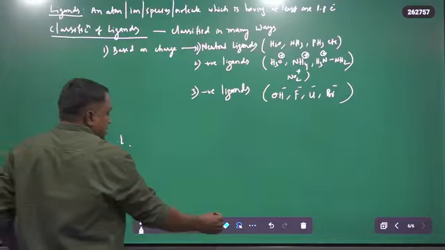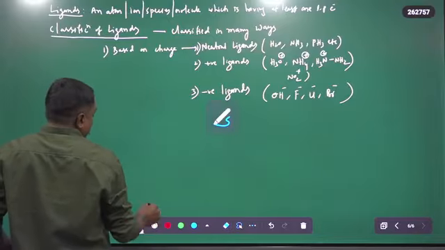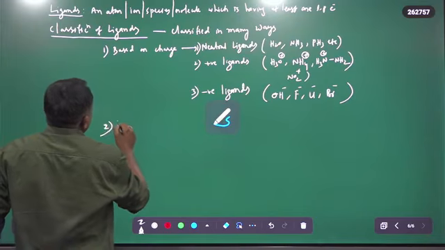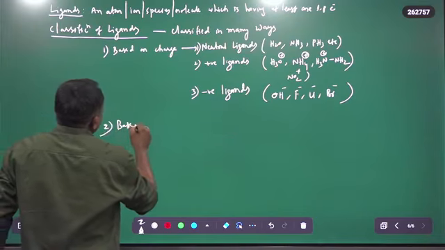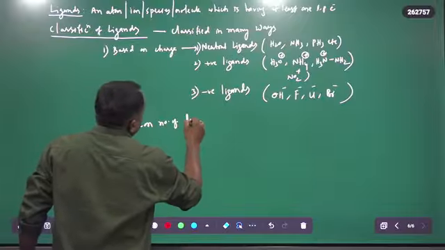The second classification is based on the number of donor atoms.